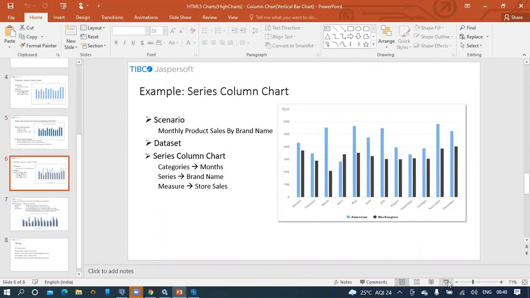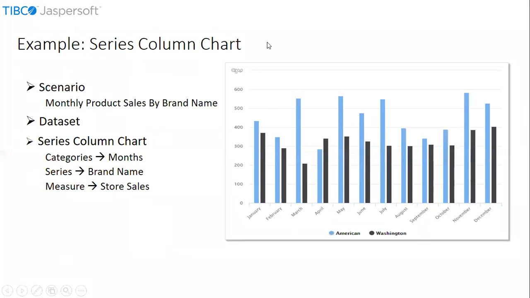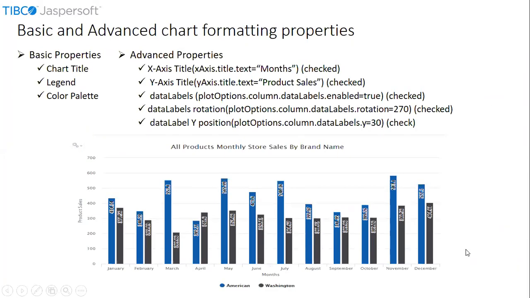So we have covered this slide information, which is the series column chart. In the basic and advanced chart properties, we already have months on the x-axis, product sales on the y-axis, and data labels enabled is true.